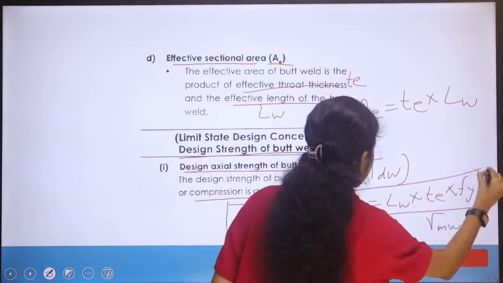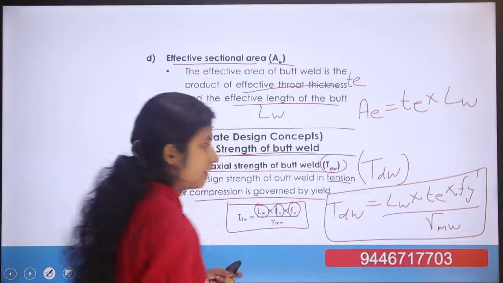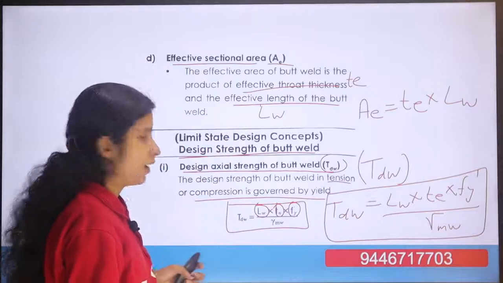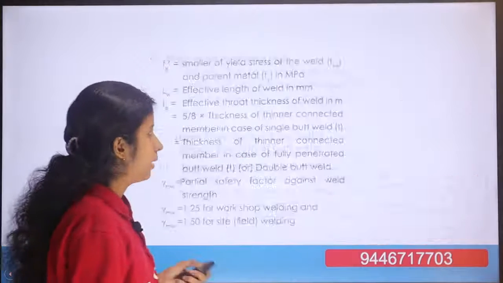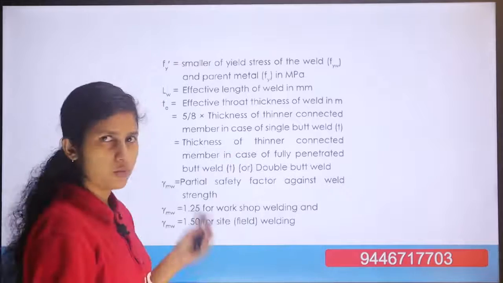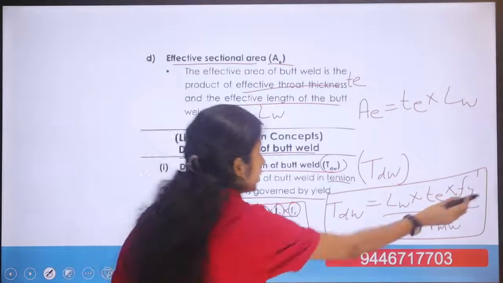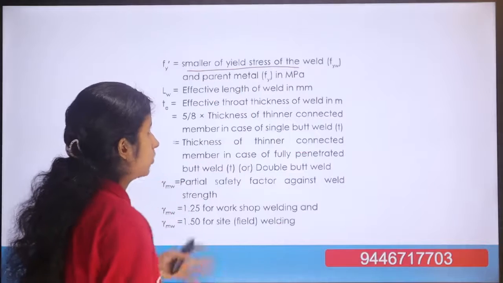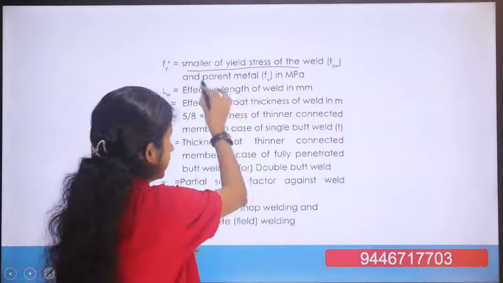In that, Fy dash is the smaller of the yield stress of the weld and the parent material in megapascal.